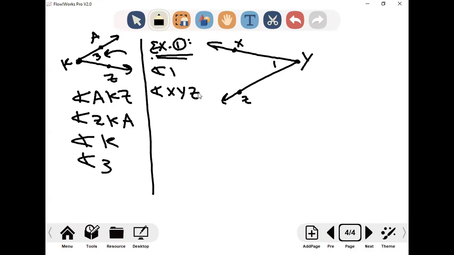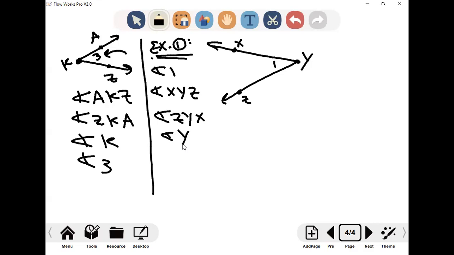Can I say angle ZXY? Come on, no. ZYX? Yes. Angle ZYX. Can I say angle X? No. Angle Y? Yes. Angle Z? No. So we have 4 correct names.